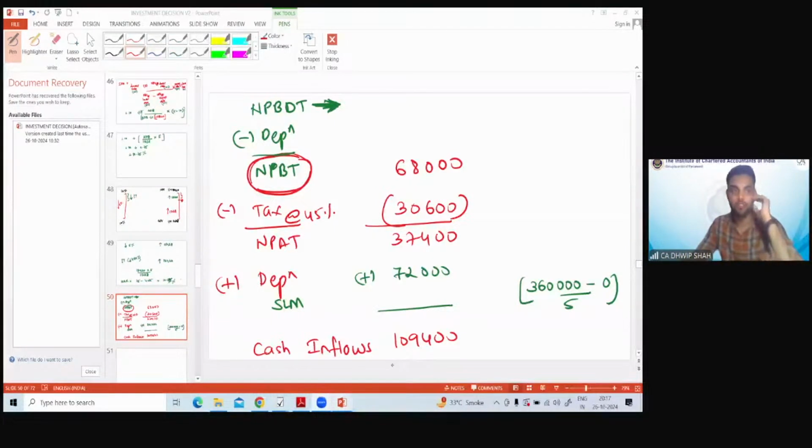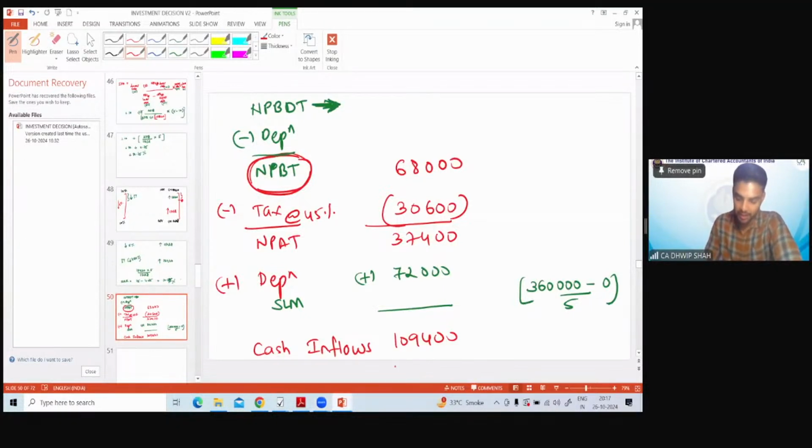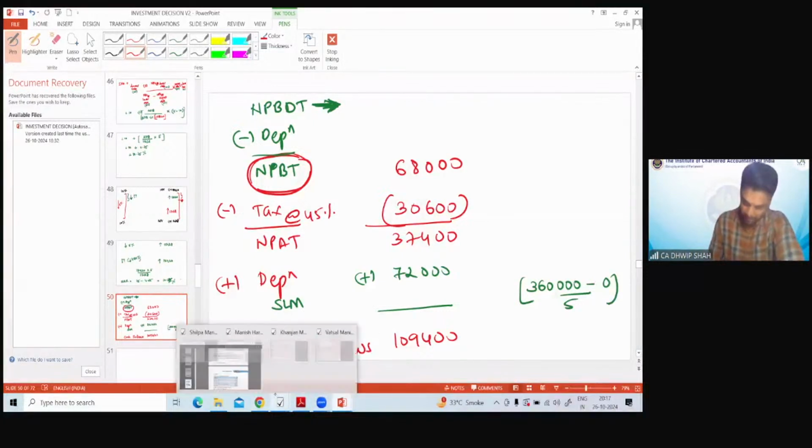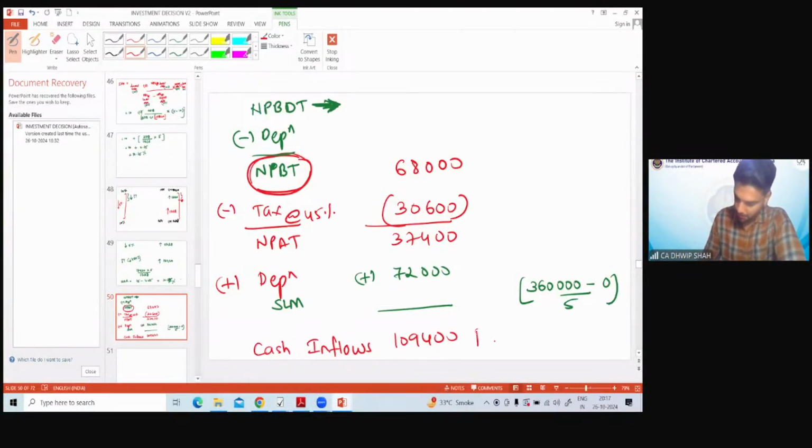In absence of information, depreciation is always on SLM. And the SLM formula we know, original cost minus salvage divided by life. So my cash inflows per annum is 109,400. Okay, so this is my cash inflow per annum.